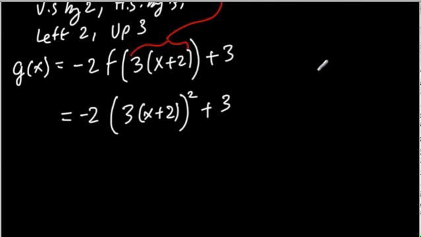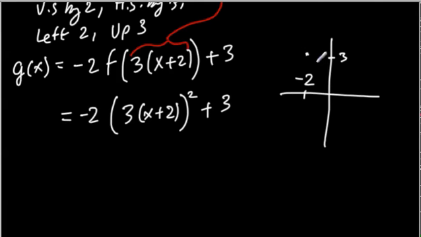And if you look here, it's a reflection across the x-axis, so it's going to go down like this. The vertical stretch and horizontal stretch will make it skinnier, but they won't change the direction. And it's to the left 2, so it's -2 here, and +3, so it's +3 there. So there we go.